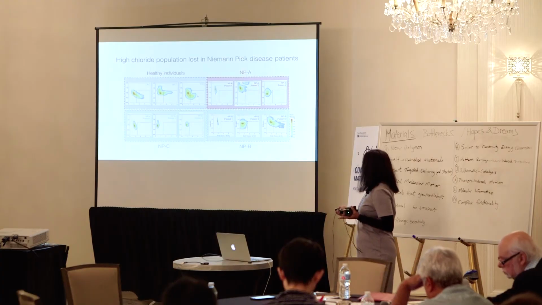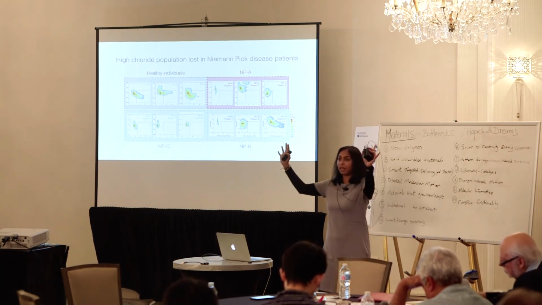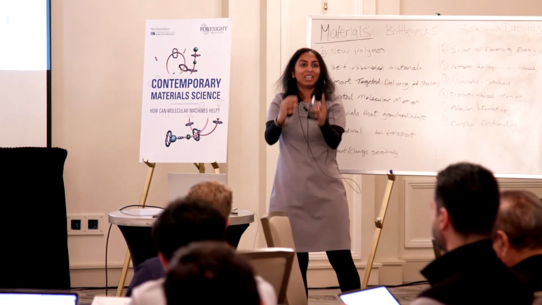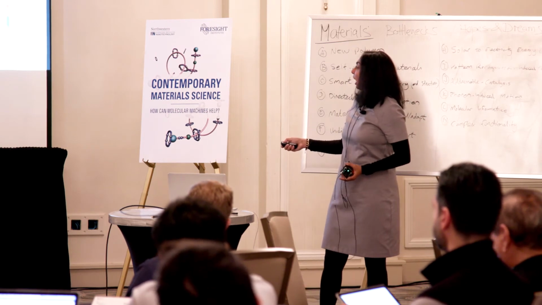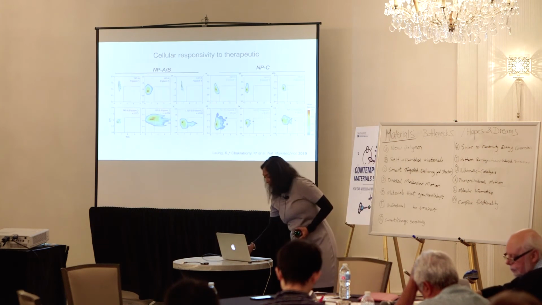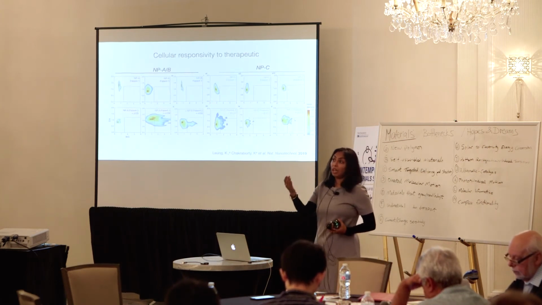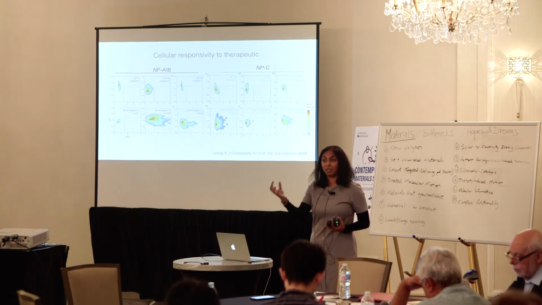So what we found was skin biopsies of all of these kids showed that suddenly this entire profile collapses into a monodispersed population, and we lose this high chloride population, okay? So then we said, okay, let's try and see. Niemann-Pick A and B people have a therapeutic. It's the enzyme called acid sphingomyelinase.